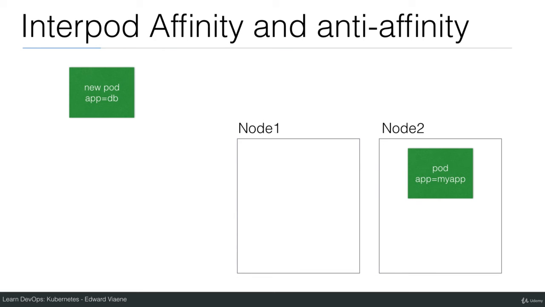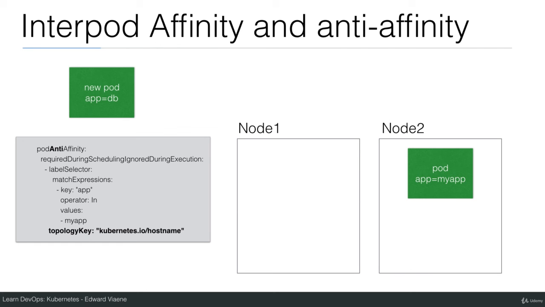So here we have again 2 nodes. We have a pod running, which is app equals myapp, and we're going to schedule a new pod with the label app equals db. Now we're going to use pod anti-affinity in our specification. The expression is still app in myapp, so it will match the current running pod, and the topology key is the host name.